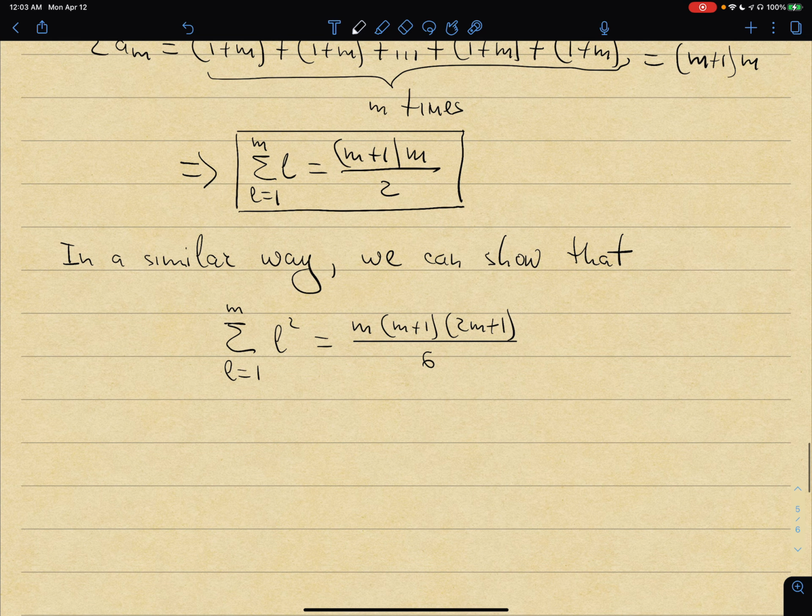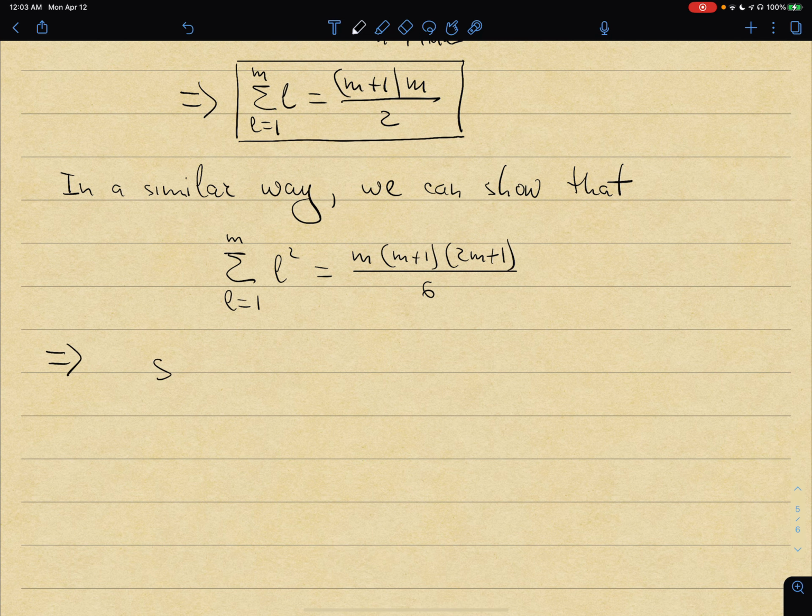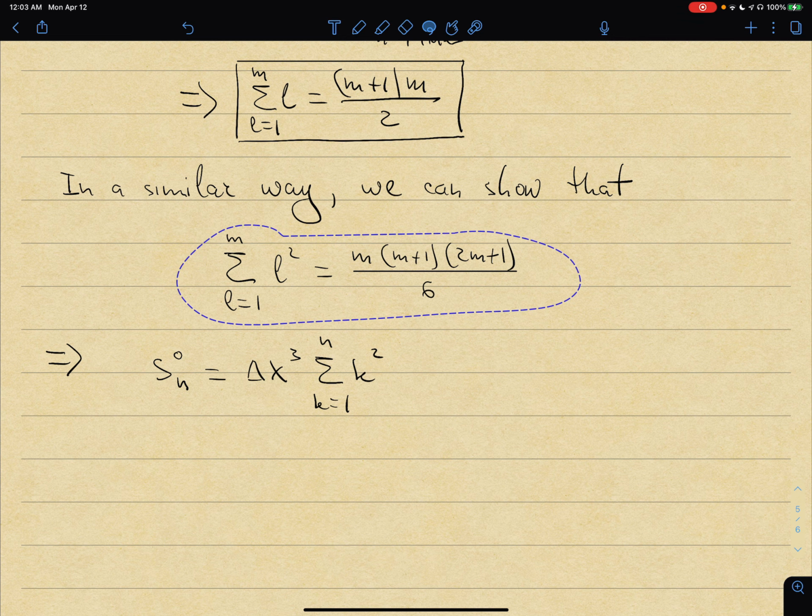All right, fine. So let's go back to overestimations and underestimations. So once again, the overestimation by using n intervals is going to be delta x cubed times the sum k from 1 to n of k squared, and I can use the second formula that I'm writing here, with m being equal to n and L being k, right? Again, this is just a notation. The expressions should work in a similar way.